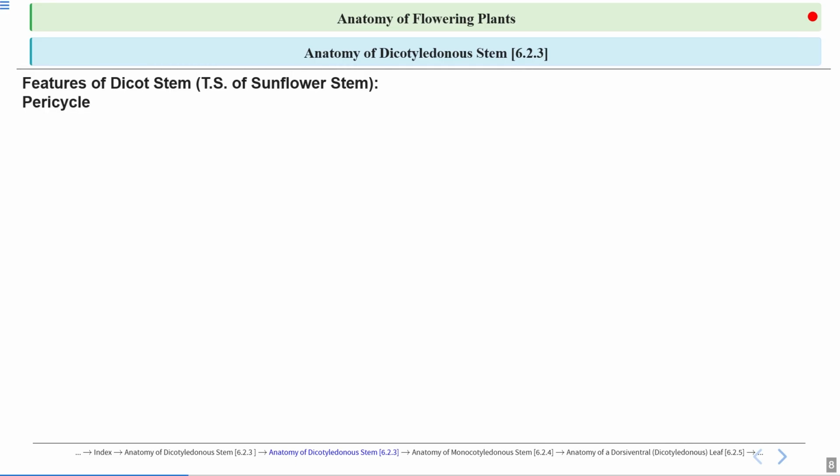Next layer. So these are the 3 regions of the cortex. The outer one is the epidermis, then comes the cortex region, and the cortex is divided into 3 parts. The outermost cortex layer is called the hypodermis.